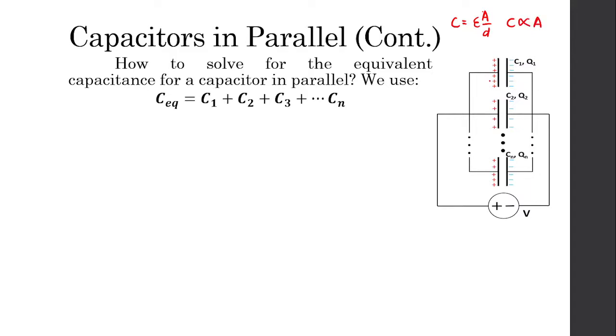So if you imagine these capacitors as directly connected to your battery and treat them as individual capacitors, then you can also imagine these as a whole single capacitor. But it's a little different from how you would imagine your series.